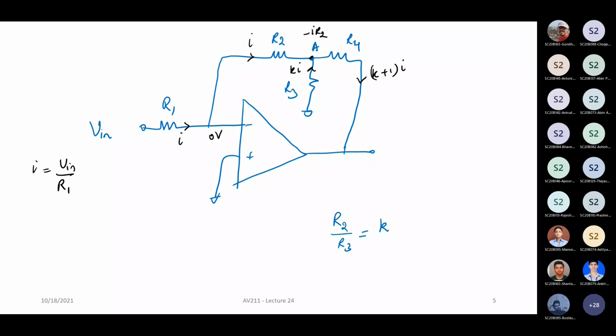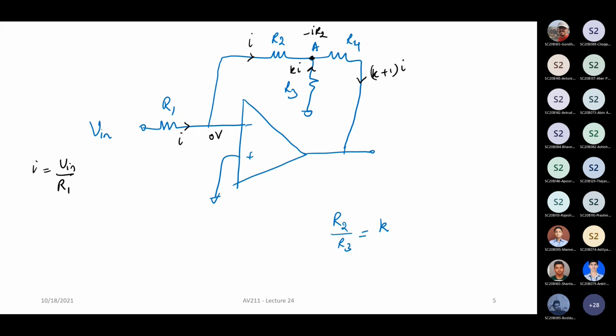That is fixed. Now what you're doing is you're putting a resistor R3 from that node A to ground. Now if you make this resistor ratio R2 by R3 to be K, because this node voltage is fixed, the current through R3 now becomes K times I.